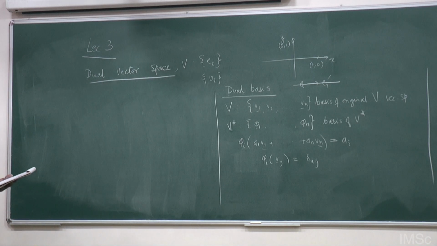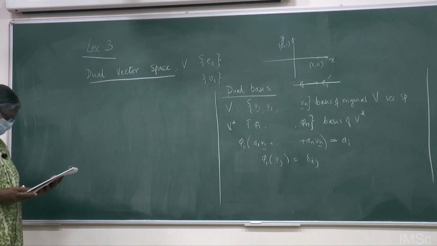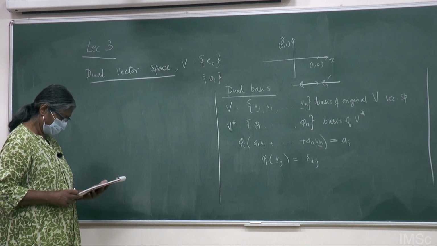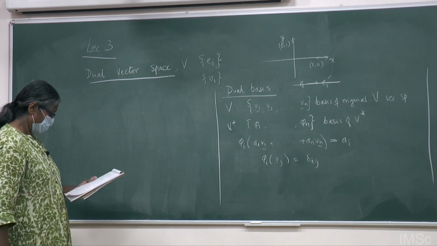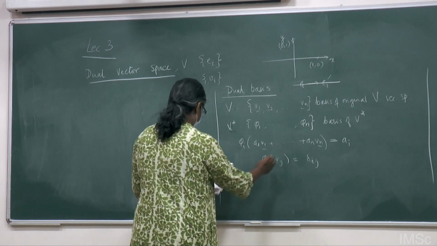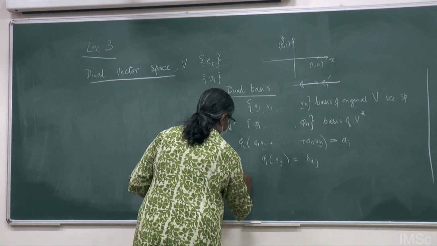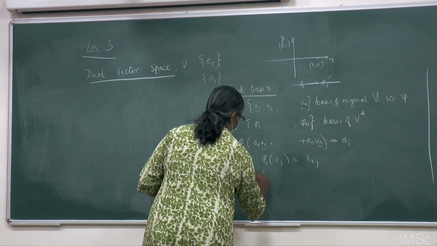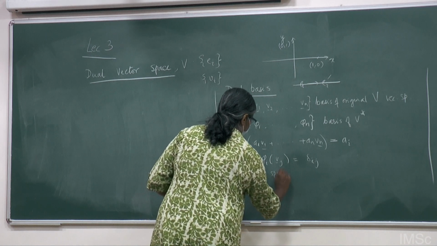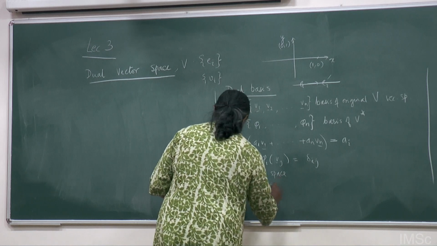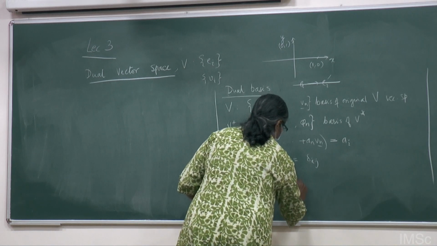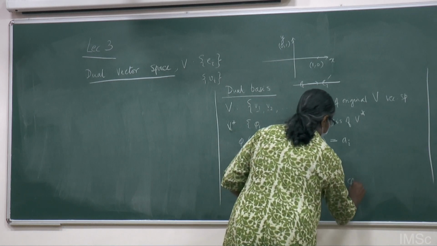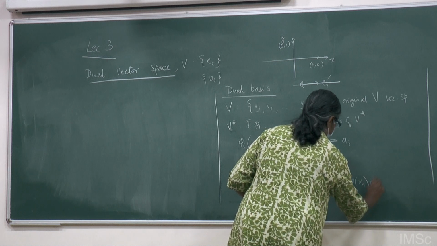As I said, I will give a very concrete example, in fact, immediately. Then I can write over here, therefore, in the phi space, or in the V star space, phi is equal to phi of V1 phi 1 plus phi of V2 phi 2 plus phi of Vn phi n.